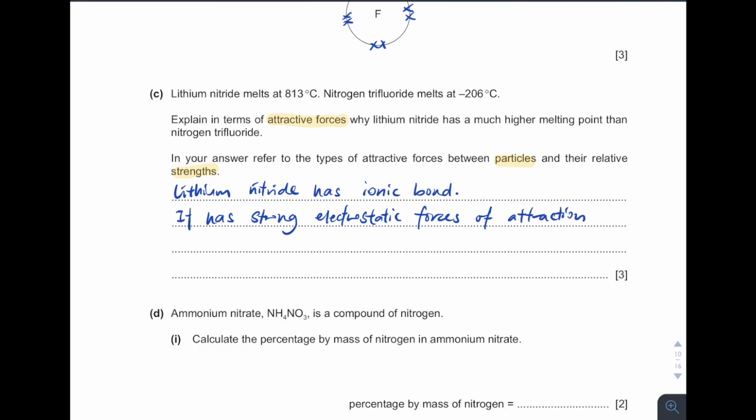Between what? What types of particles are in an ionic compound? Ions, isn't it? So between oppositely charged ions. And so this is how you get 3 marks: ionic bonds, strong electrostatic forces between oppositely charged ions.